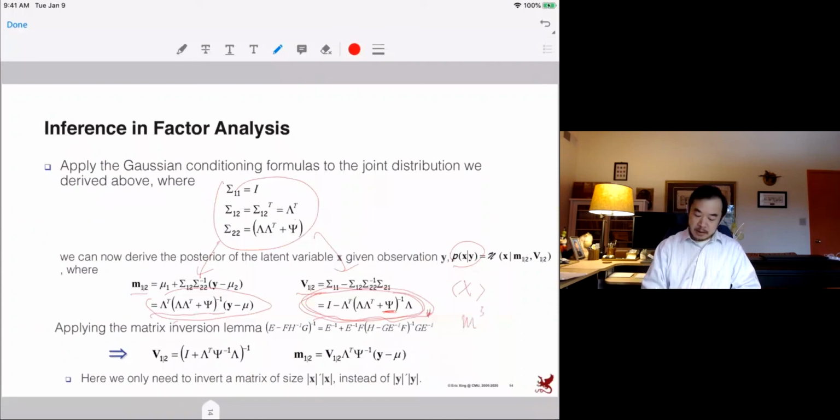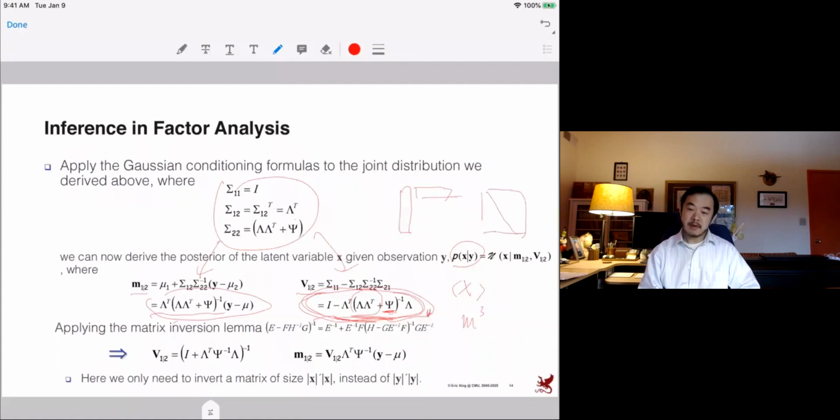But because now we are manipulating the Gaussian and using the structure of this self-covariance or conditional covariance matrix, you know that this m by m matrix here is not necessarily a full rank matrix, because here lambda times lambda transpose is a tall skinny matrix times its transpose, and this pi is actually a diagonal matrix.